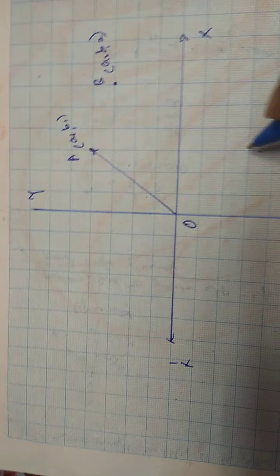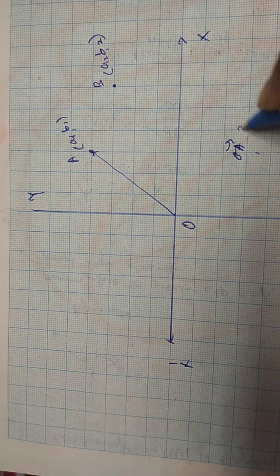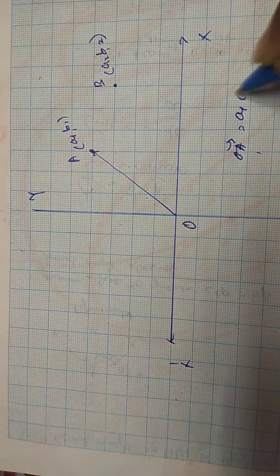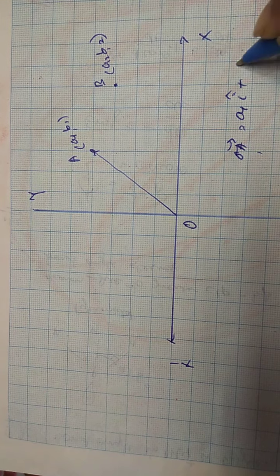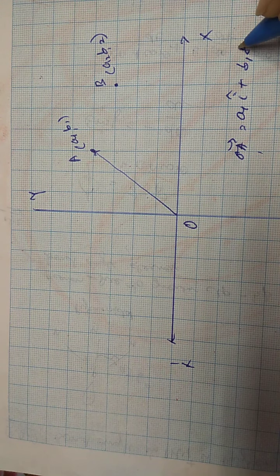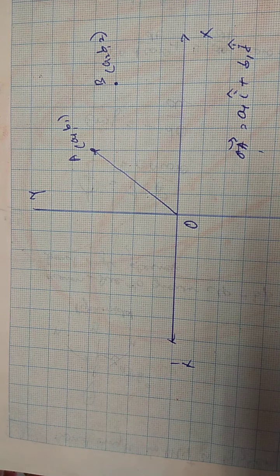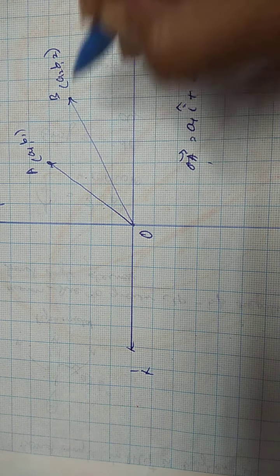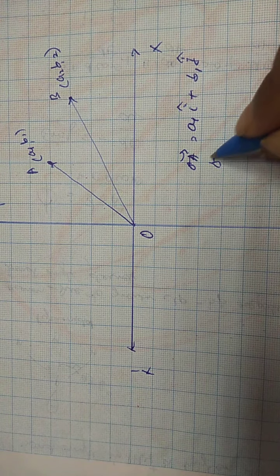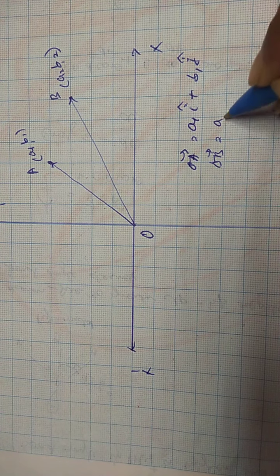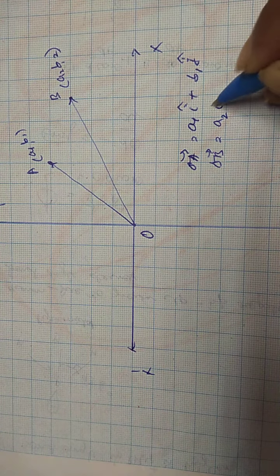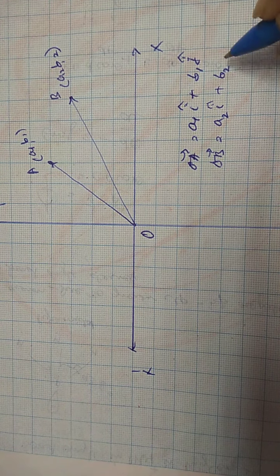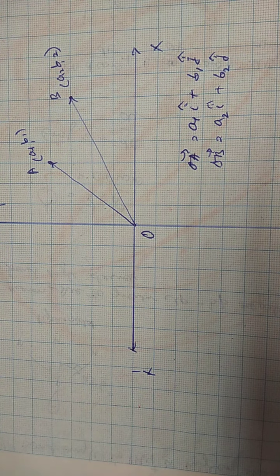Vector OA is A1 i cap plus B1 j cap. What is going to be the vector OB? Vector OB is going to be A2 i cap plus B2 j cap.